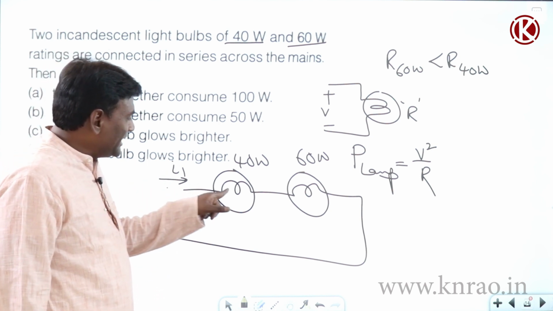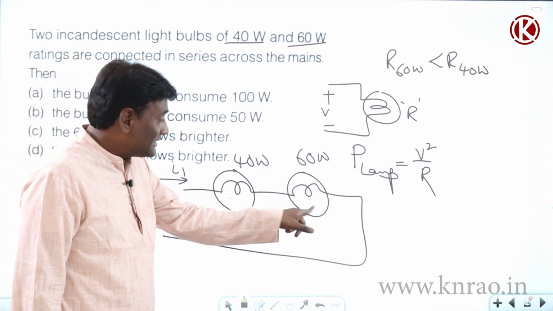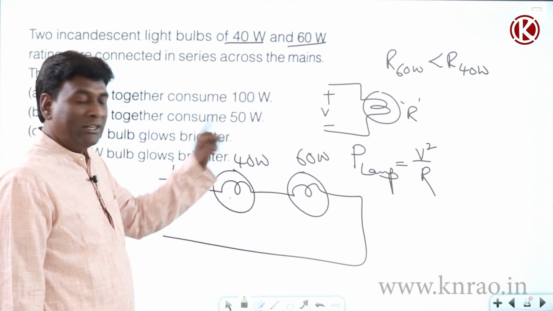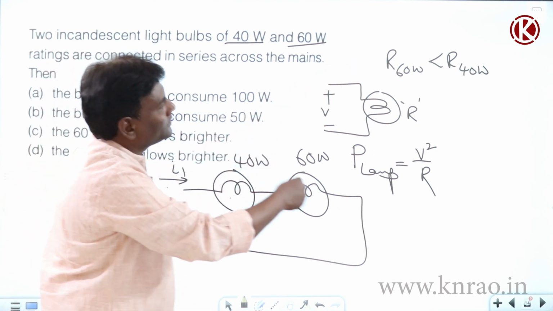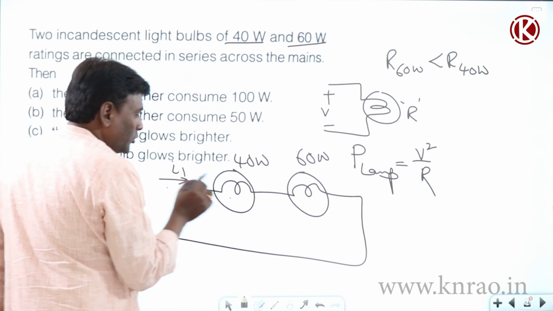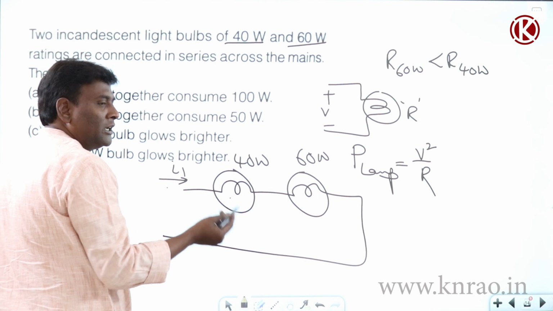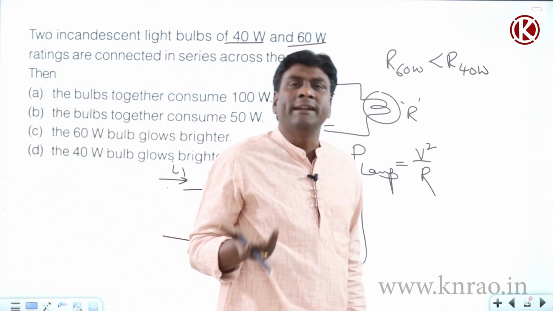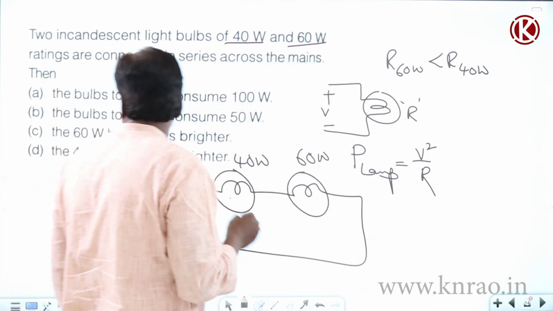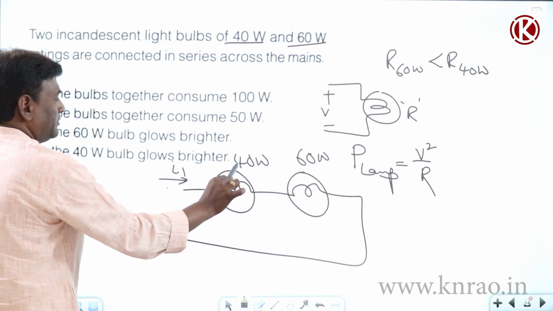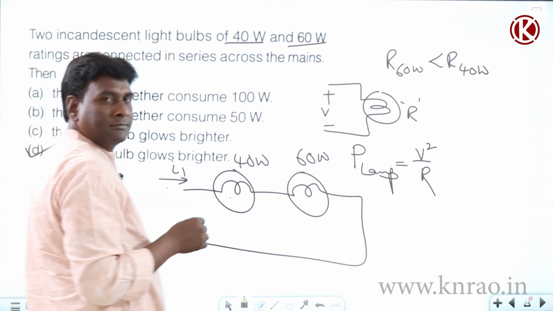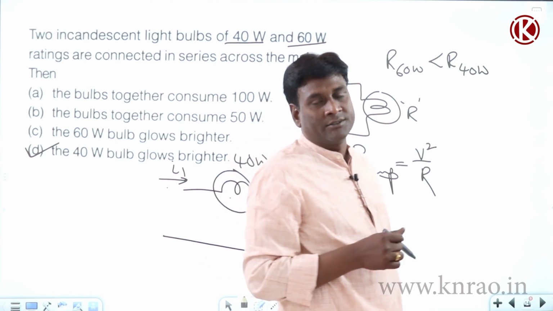For the same current, the resistance is less in the 60 watt lamp and more in the 40 watt lamp. For a given current, more resistance means the power absorbed is more. Electrical power absorbed is more, which means the light energy liberated will be more. So the 40 watt bulb glows brighter is the right answer.